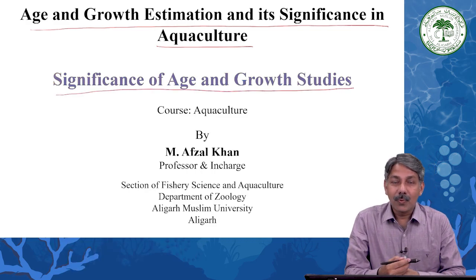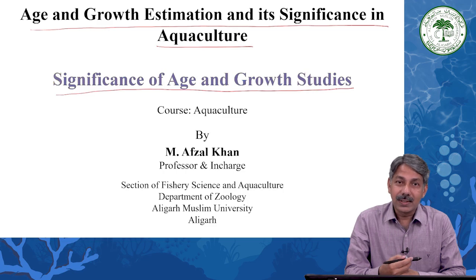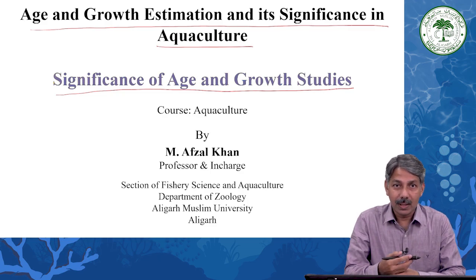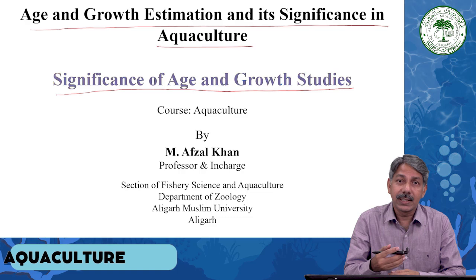Now, when we talk of age and growth studies or information on age, that is a kind of basic information to manage any population, be it any animal, fish, or even in case of humans.